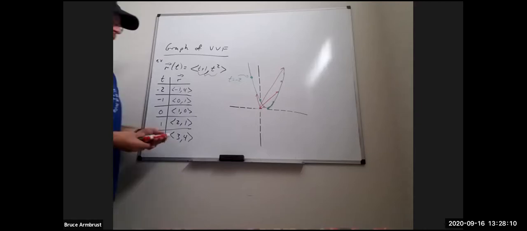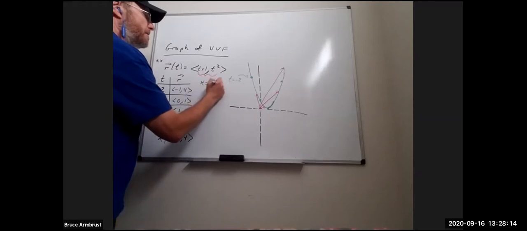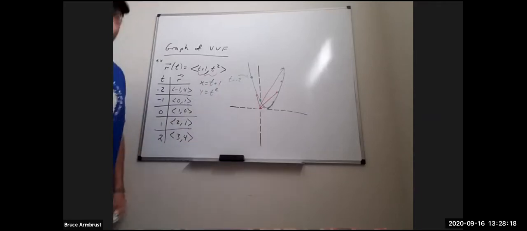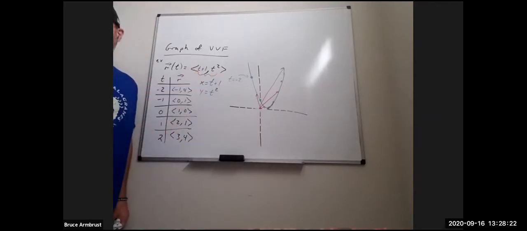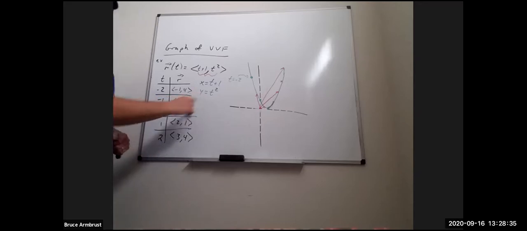Think about it. This is saying x equals t plus 1 and y equals t squared. It's the x component, it's the y component. And so the graph of the points that form the very tips of the arrows, that's the same as the graph of this parametric equation.